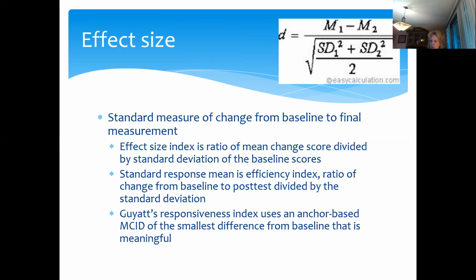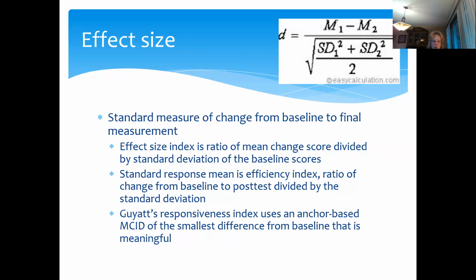So there's 3 different approaches to getting an effect size, and there's standard measures of change from baseline to final measurement. The first one is the effect size index, which is a ratio of the mean change score divided by the standard deviation of the baseline scores. And the standard response mean, otherwise known as the efficiency index, is a second approach to effect size.